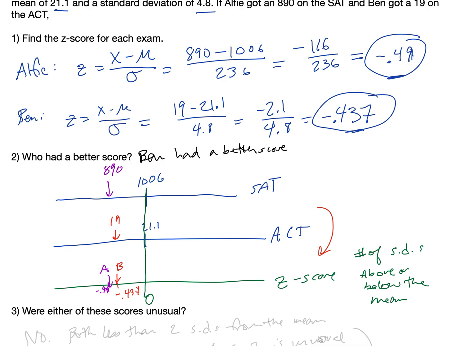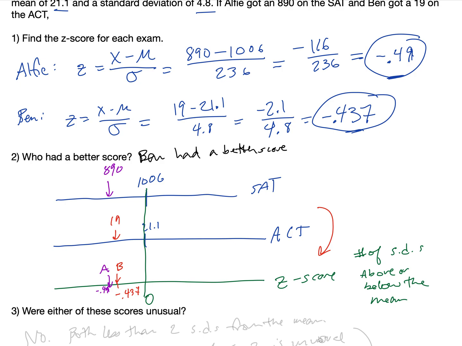It was higher on the z-scale. It was not as many standard deviations below the mean. Also notice anytime we're taking a z-score of a value that's below the mean, we're going to have a negative value, as we did in both cases here. Anytime we took a z-score of a value that was above the mean, we would have a positive z-score.